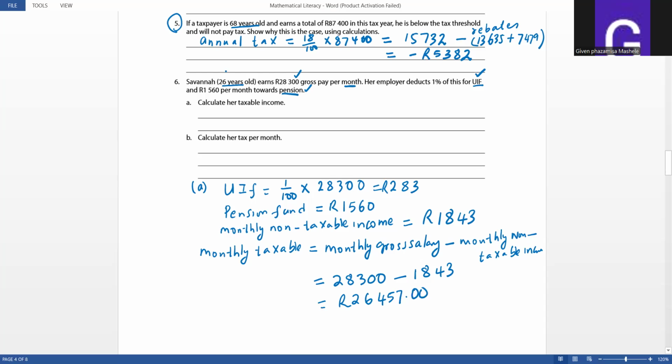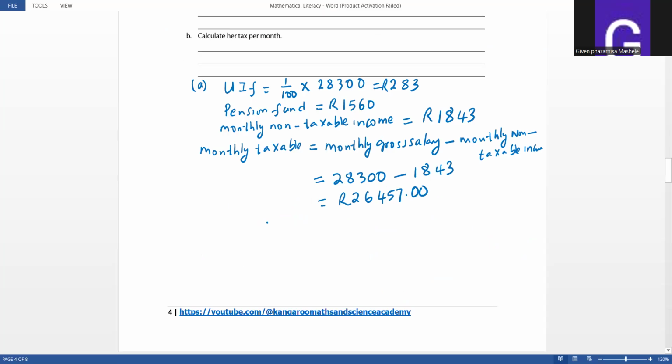But now they said calculate a taxable income. We don't know whether it's monthly or annually, but let's just leave it here. This will be the monthly taxable income, unless they wanted an annual one. We're going to say annual taxable income will be 26,457 rand times 12.